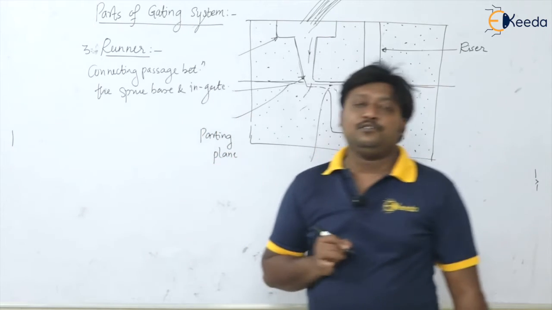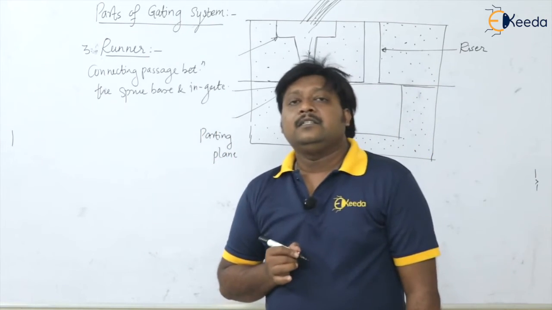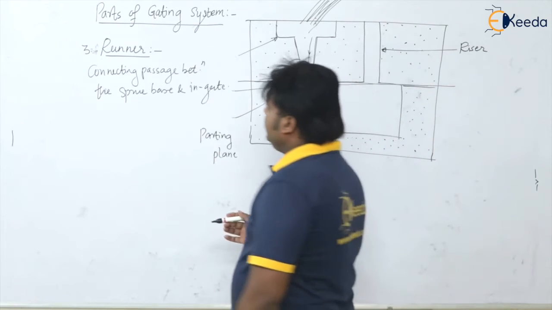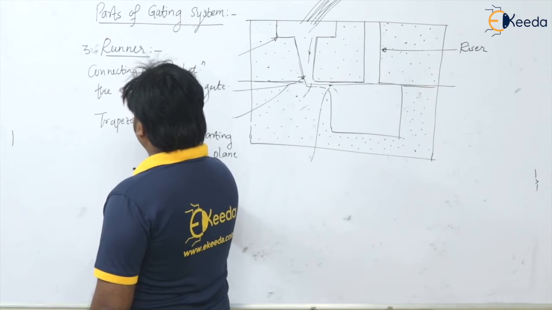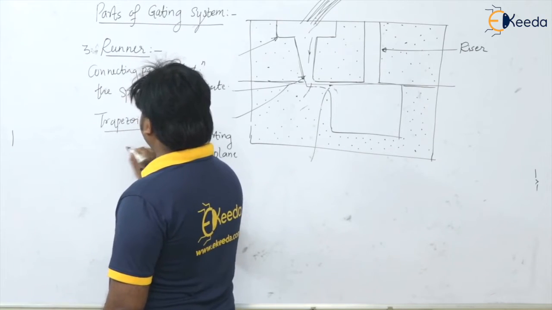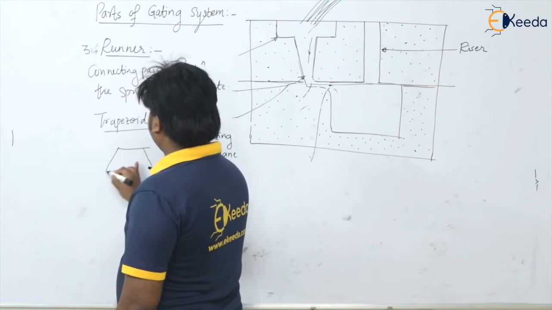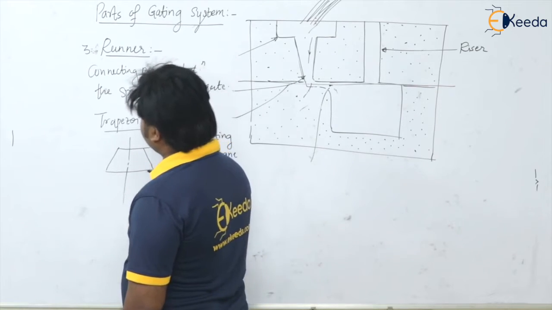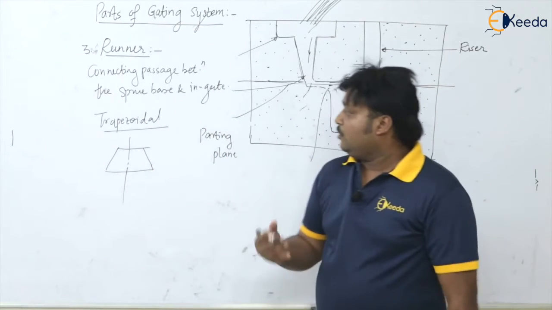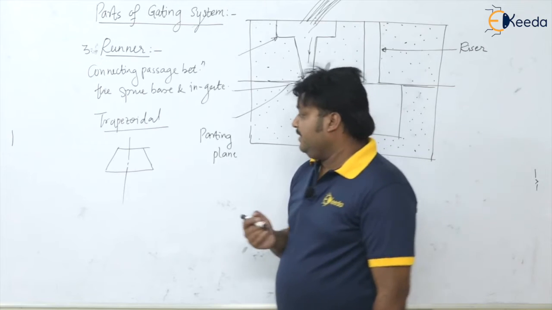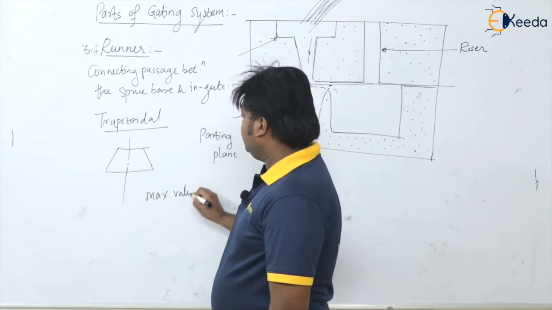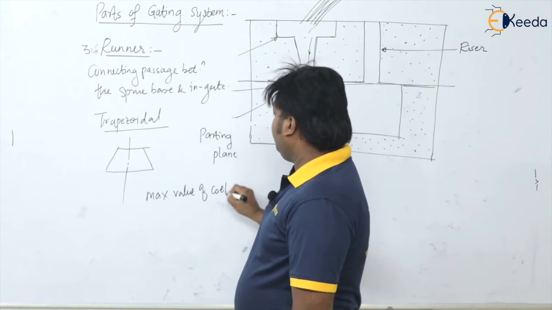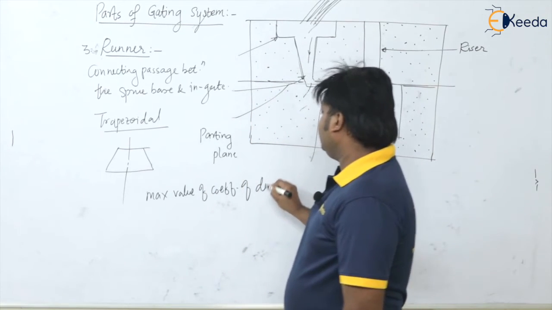And what is the cross section of this runner? The runner cross section is generally trapezoidal, like this. Why trapezoidal? Because the trapezoidal cross section has the maximum value of coefficient of discharge.